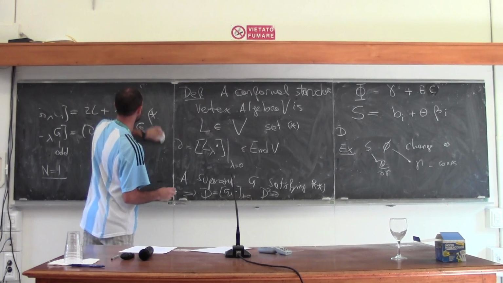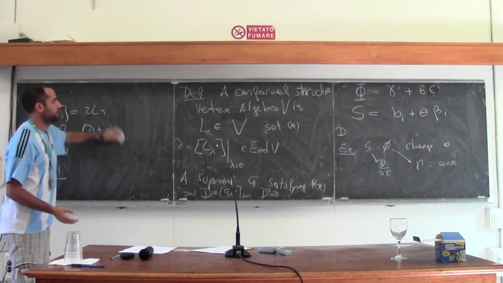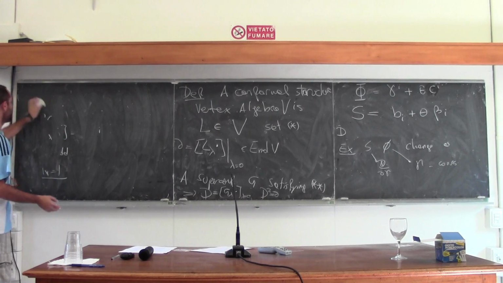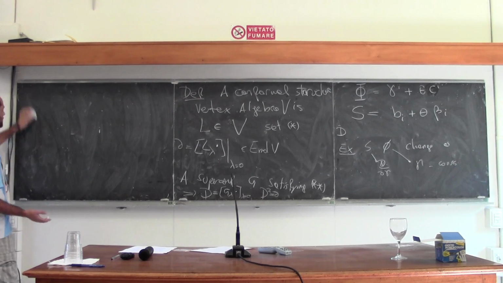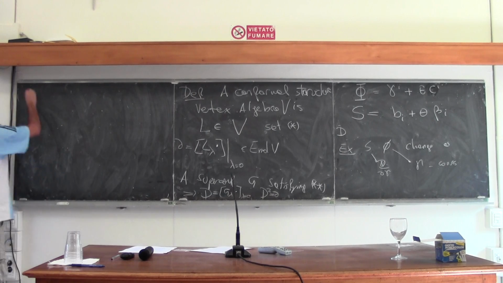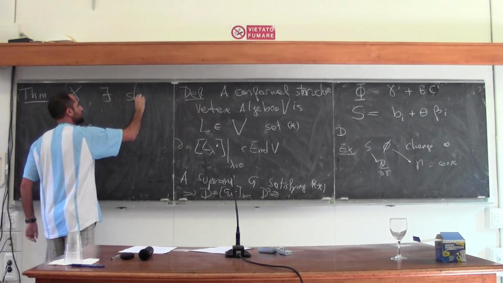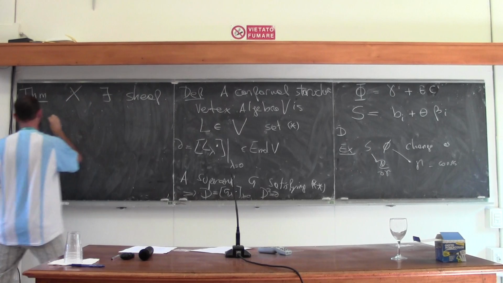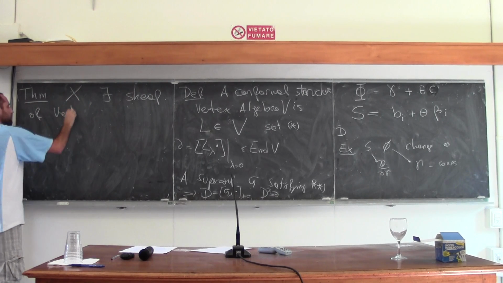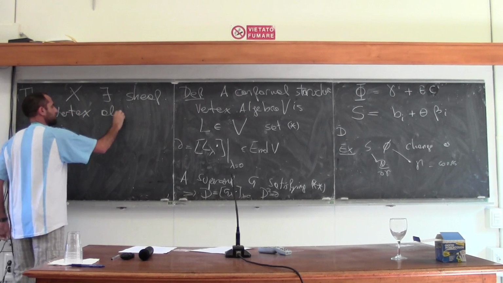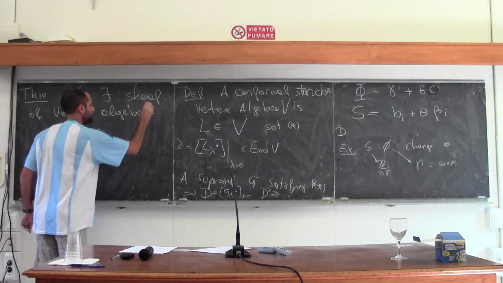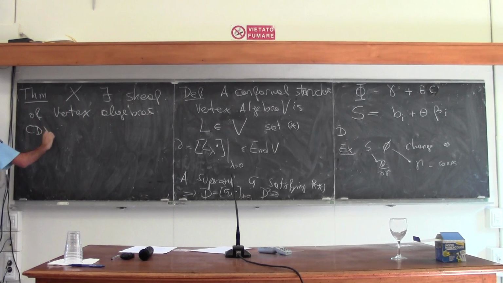So what is the theorem that you've proved? If you come up with these local systems in each patch, you prove the following theorem. On any manifold X, there exists a sheaf of vertex algebras, called the Cattaneo complex of X. Why vertex, not super?